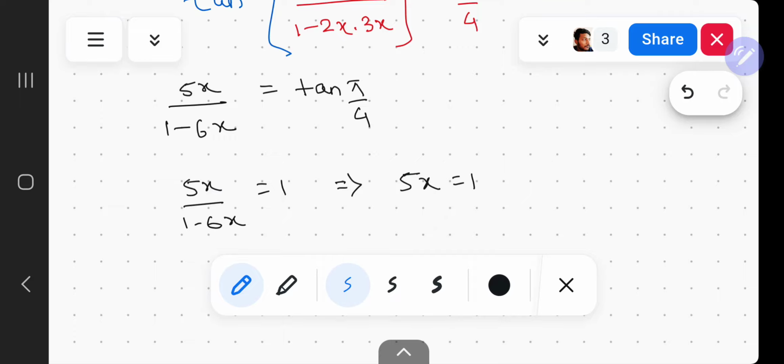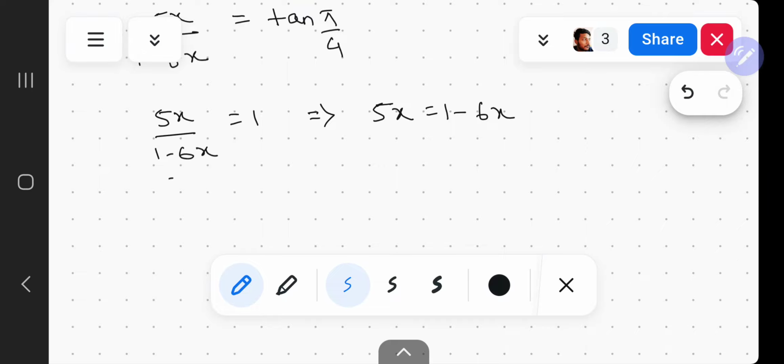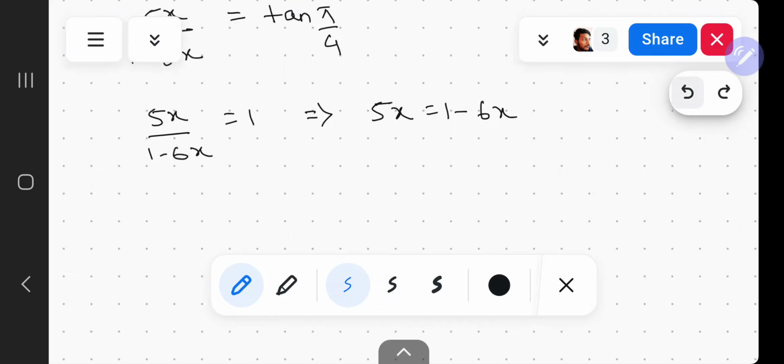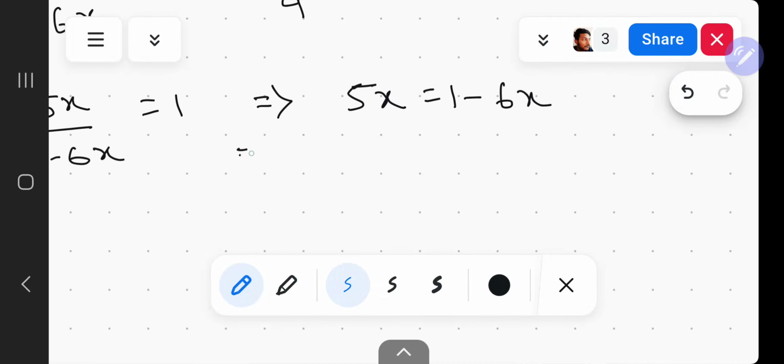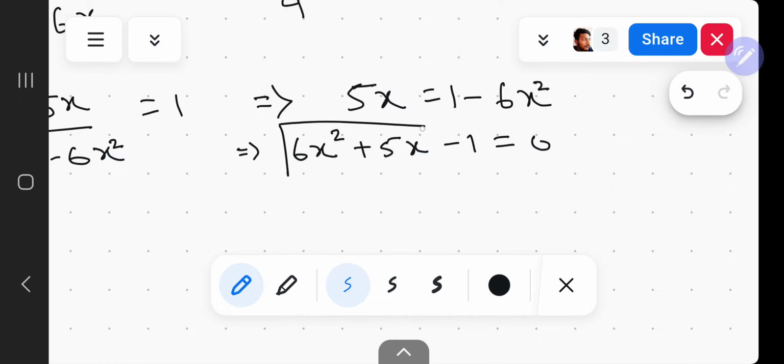So 5x is equal to 1 minus 6x. This denominator has been multiplied with 1. Okay. So this was 6x square, sorry. So 6x square plus 5x minus 1 is equal to 0. So we got this quadratic equation to solve.